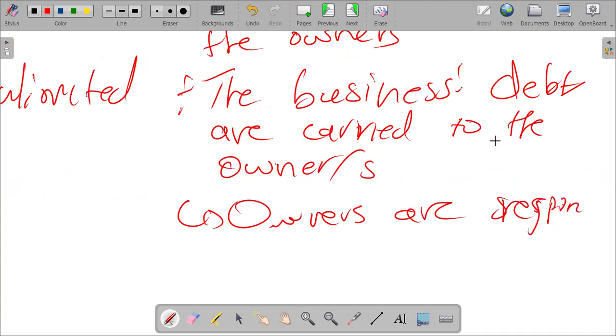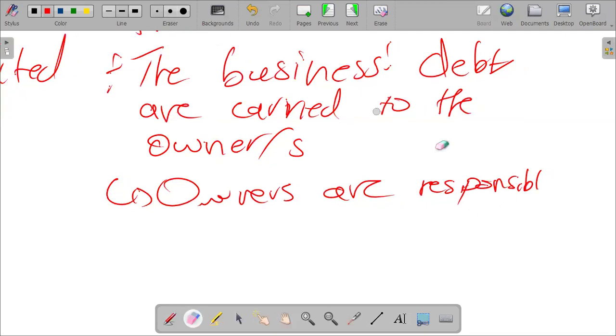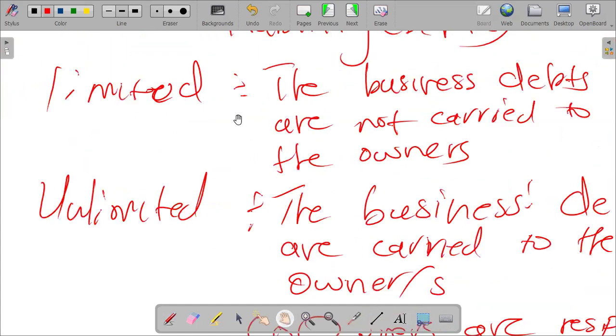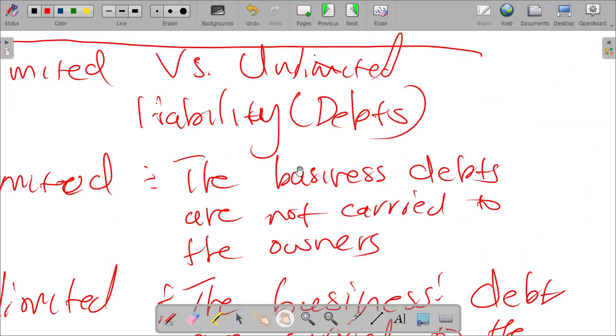Responsible for the business's debts. All right? Because it's unlimited. It can go forever. It can go from the business to the owners. So that's the difference between limited and unlimited debt or liability.